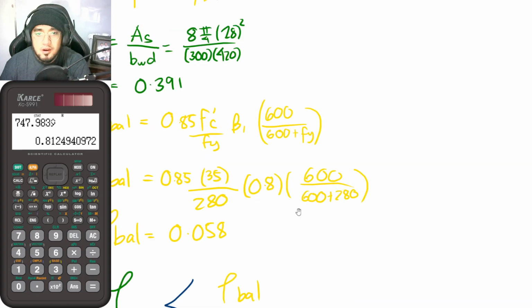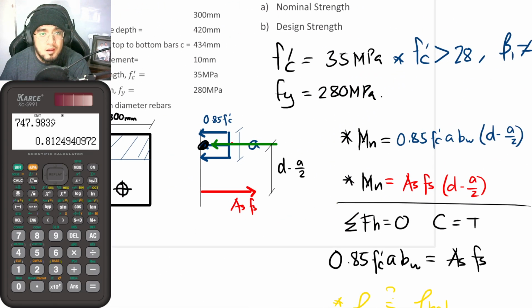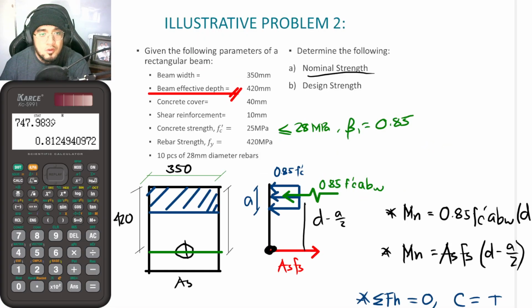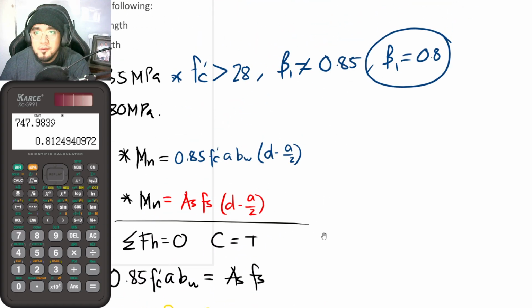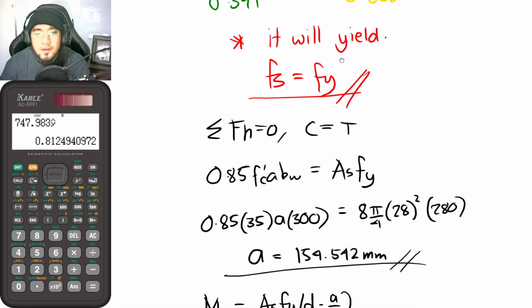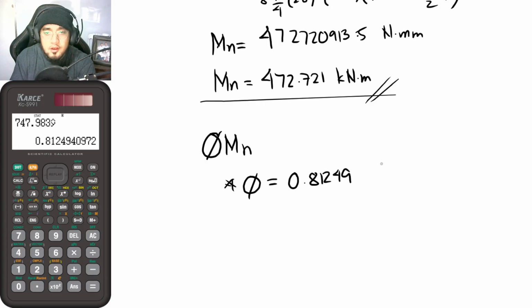Okay, so again, where is my solution? Not that. So again, the value of Mn in our solution here is 472.721. And we have already solved for the value of phi, which is 0.81249, which is in the transition zone.